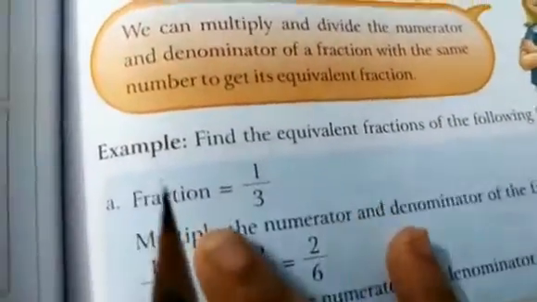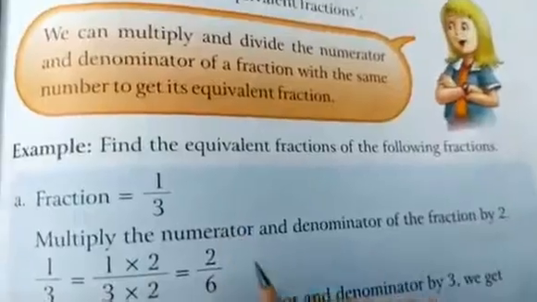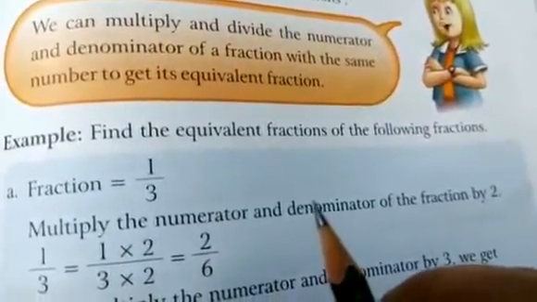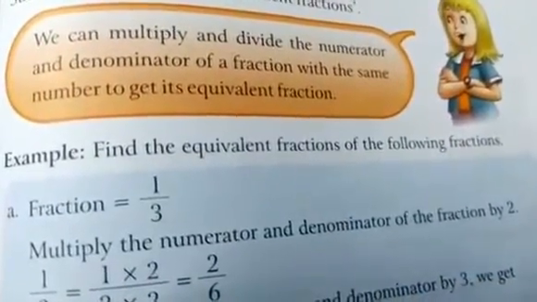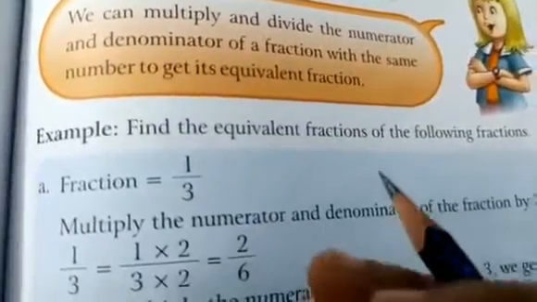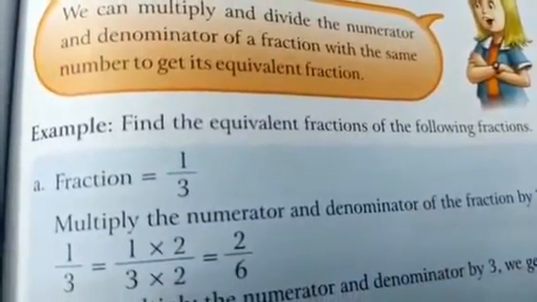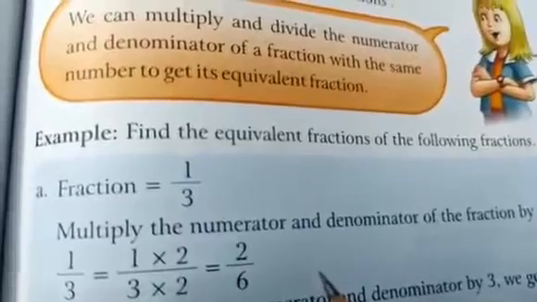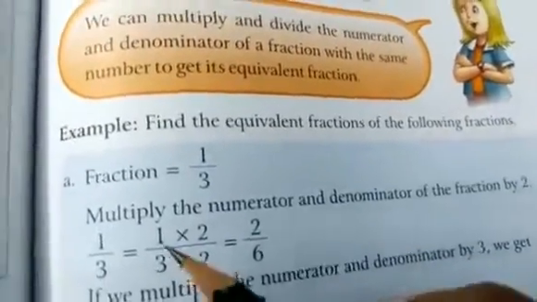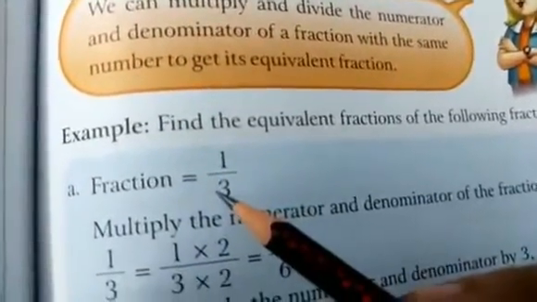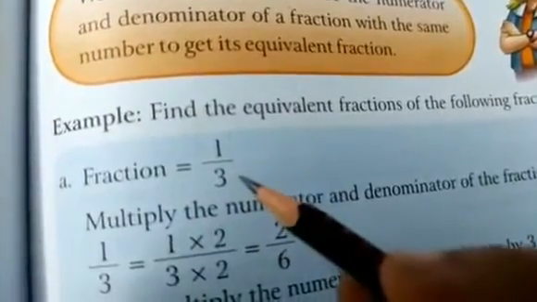Now, how to find out the equivalent fraction? हम equivalent fraction कैसा find out करेंगे? By multiplying the same number in numerator and same number you have to multiply in denominator. Okay, now we have to find the equivalent fraction of 1/3.